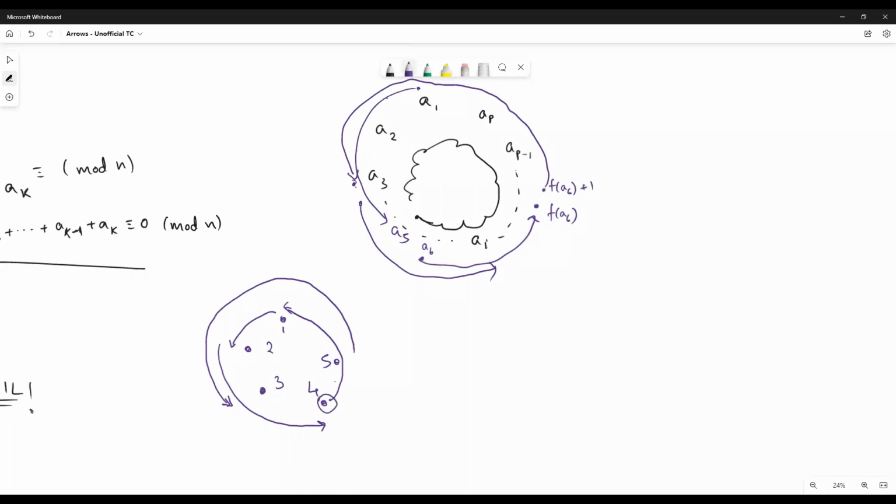So starting at 4, we have 4 to 1, then 2 to 4, then 5 to 3. So in effect, we have completed 2 rounds of the circle.